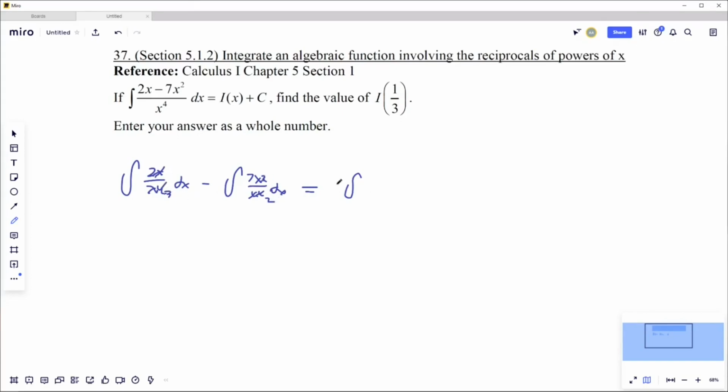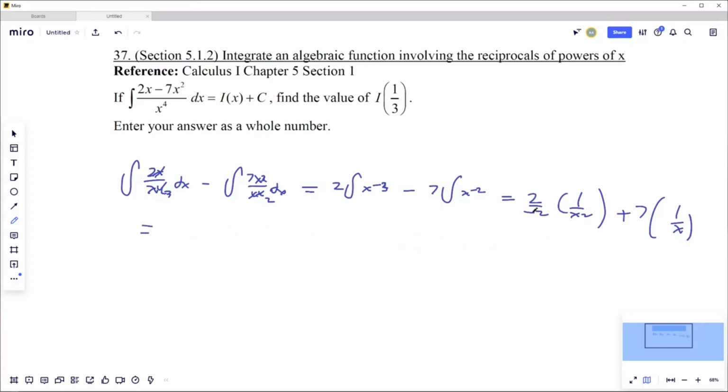If you want, I'll write it like this: 2 times the integral of x to the minus 3, minus 7 times the integral of x to the minus 2. You add 1 and divide by minus 2, so 2 times 1 over x squared. Minus 7 times, add 1, you get minus 1, divide by that, so the minus and minus cancel, you get 7 here, and plus 1 you get minus 1, so 1 over x.